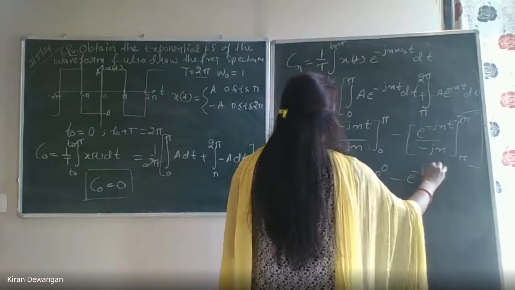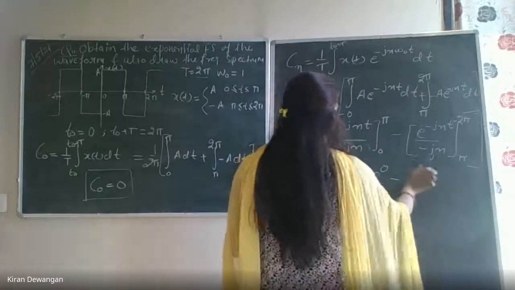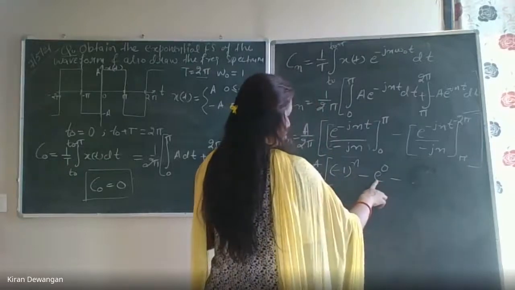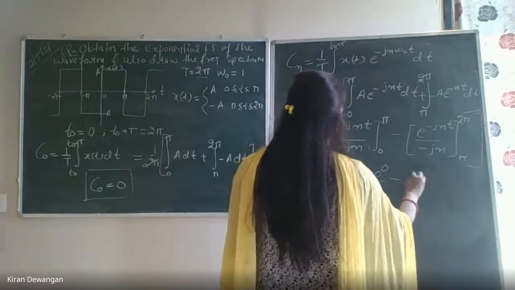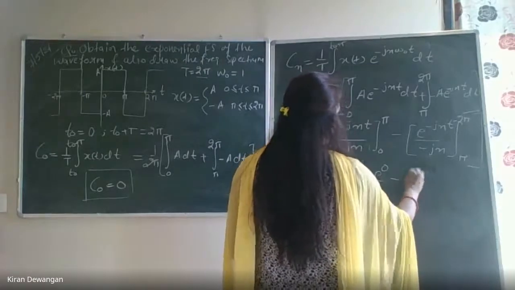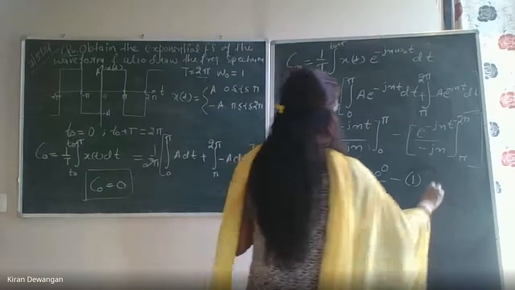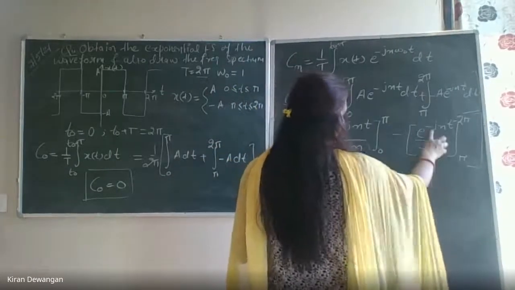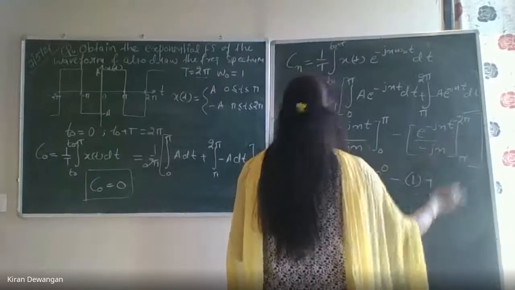What will 2 pi become? It will be again e to the power minus j n 2 pi, and since it is e to the power 0, it will already be 1, and this is e to the power minus j n pi, this becomes again minus 1 to the power n, and then plus this is minus, and then here again it will be minus, e to the power minus j n 2 pi again will be having one more minus.